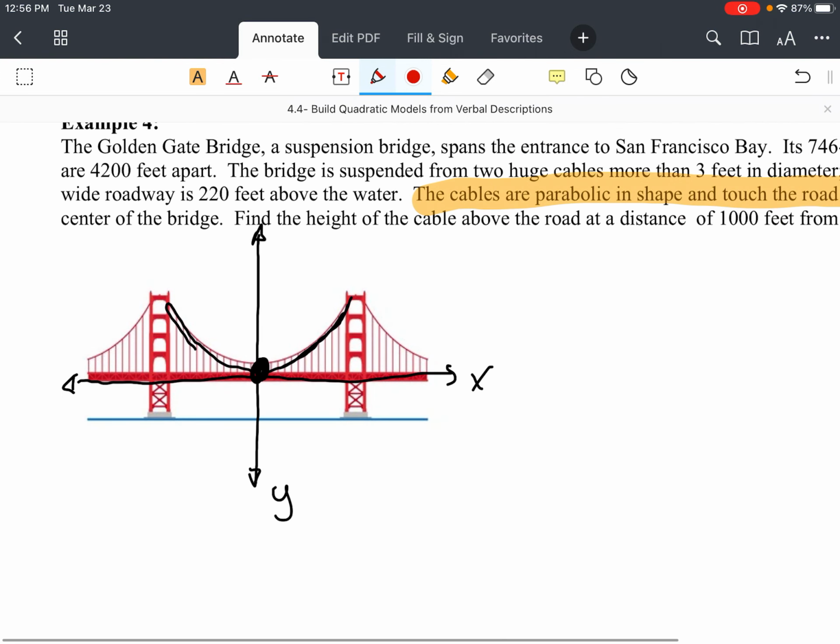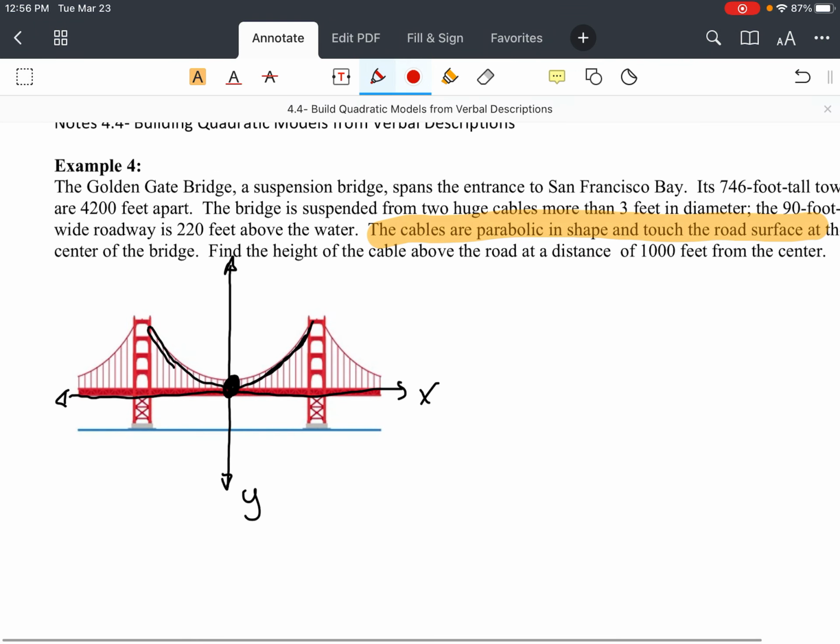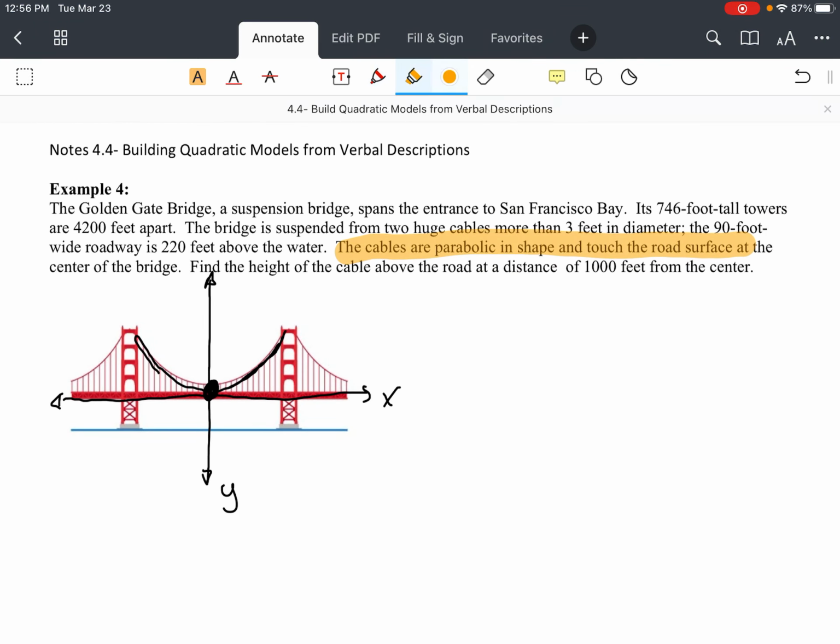We are only looking at this from the front, so we're not worried about the length of the roadway or the width of the cables or anything like that. But we do need the information from the front. So in this first part, it says that the towers are 746 feet tall.